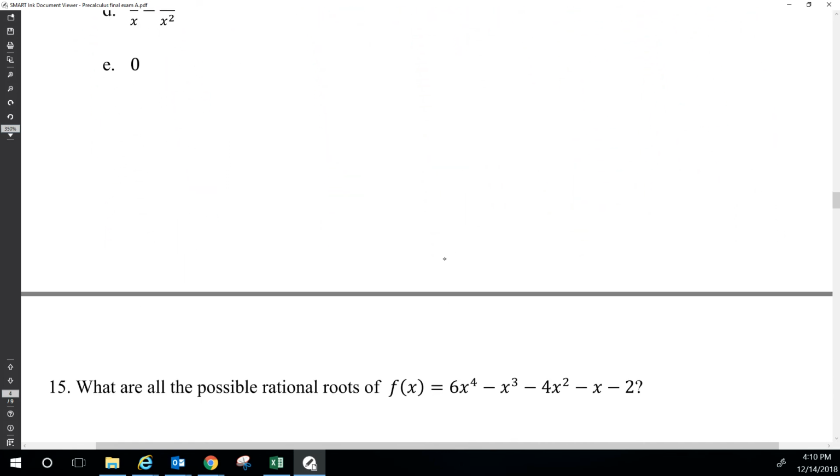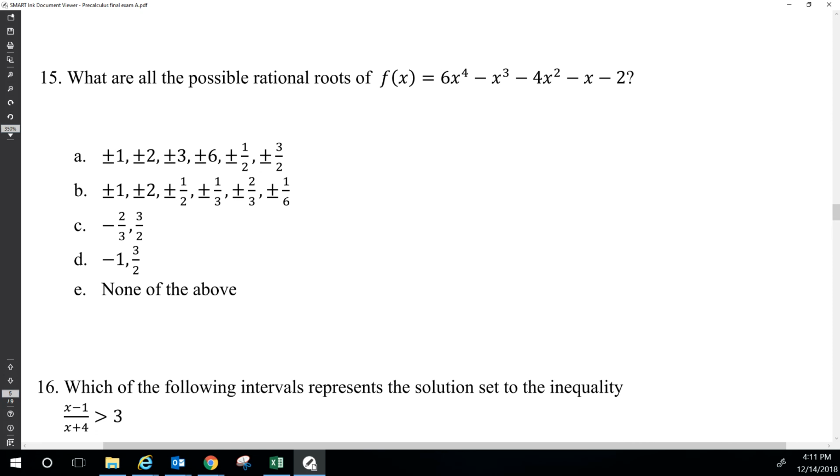All right. Moving forward, what are all the possible rational roots of f of x? Remember we talked about this in a problem just up ahead. It's all of the factors of your last term divided by all the factors of your first term. So plus or minus 1, plus or minus 2, divided by my factors of the first term: 1, 2, 3, or 6. Those are the numbers that would multiply to get 6.